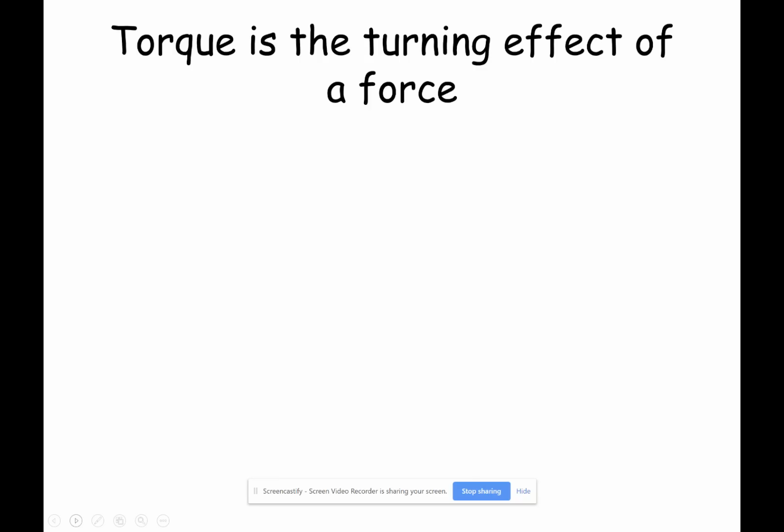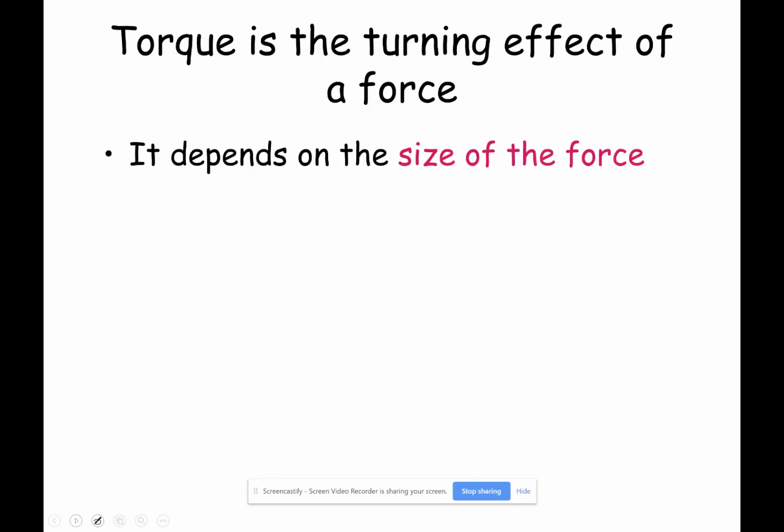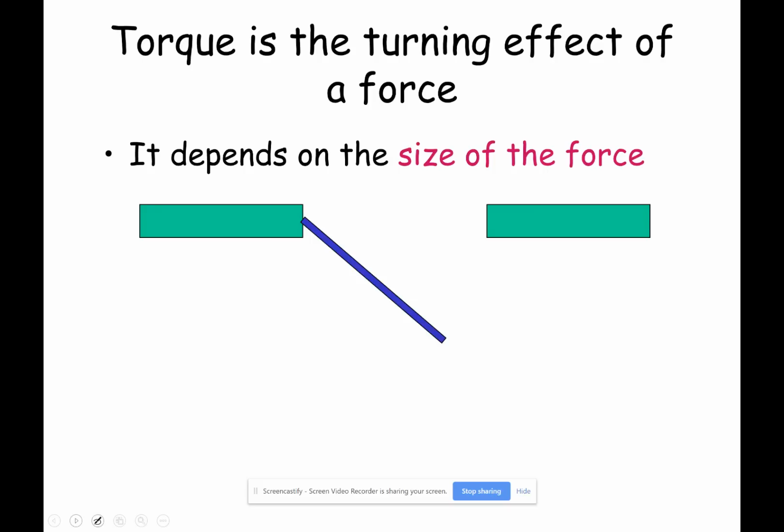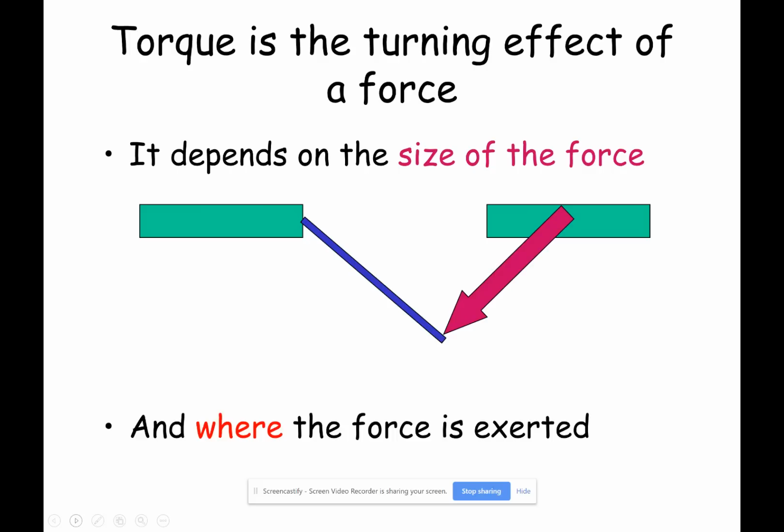So torque is the turning effect of a force. Just a couple of things: it depends on the size of the force. The bigger the force, of course, the easier it'll be turned, but it also depends on where the force is being exerted.